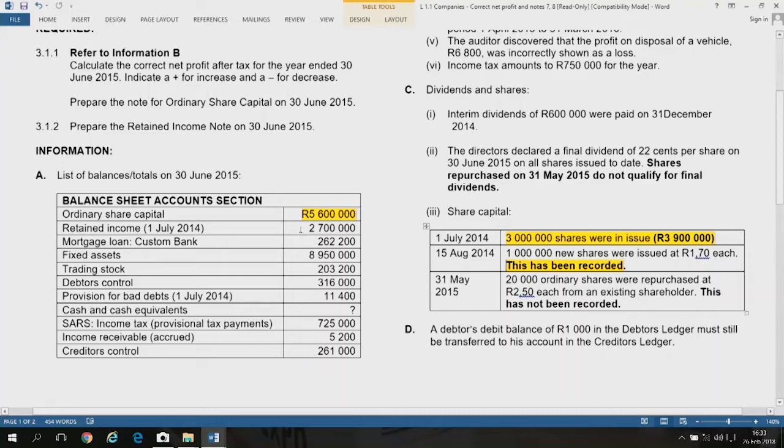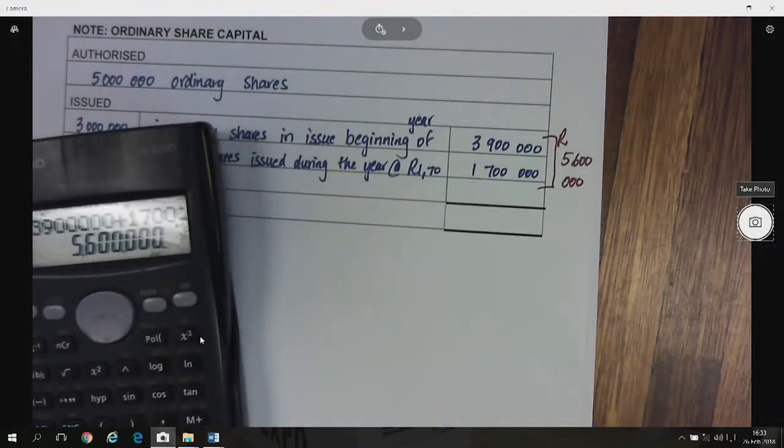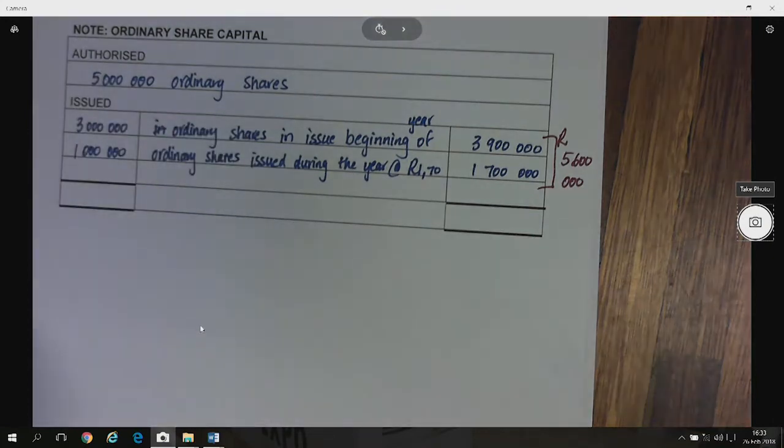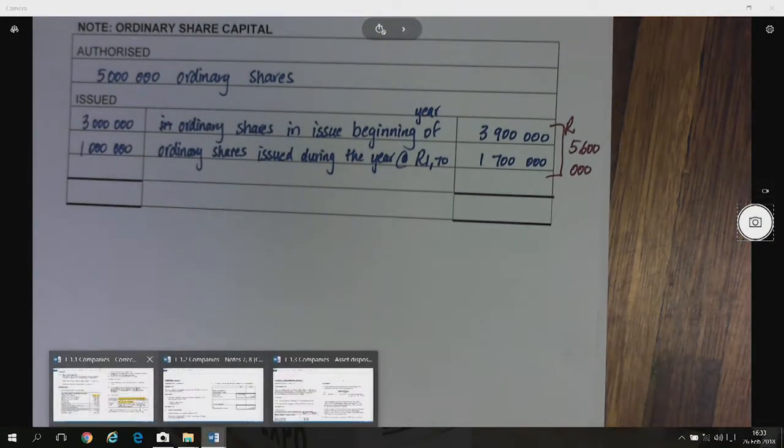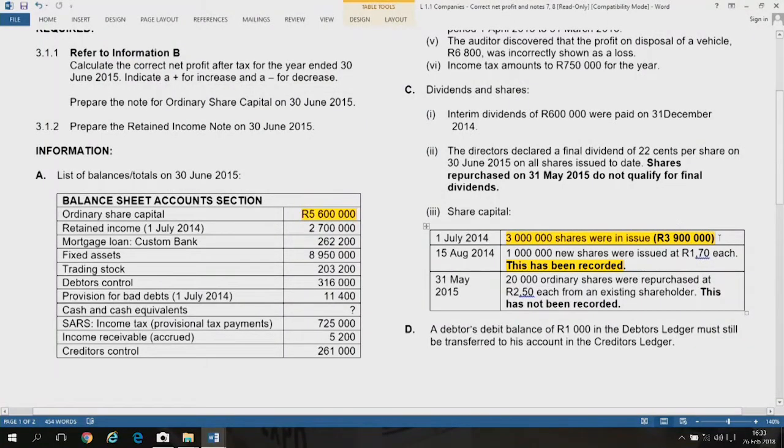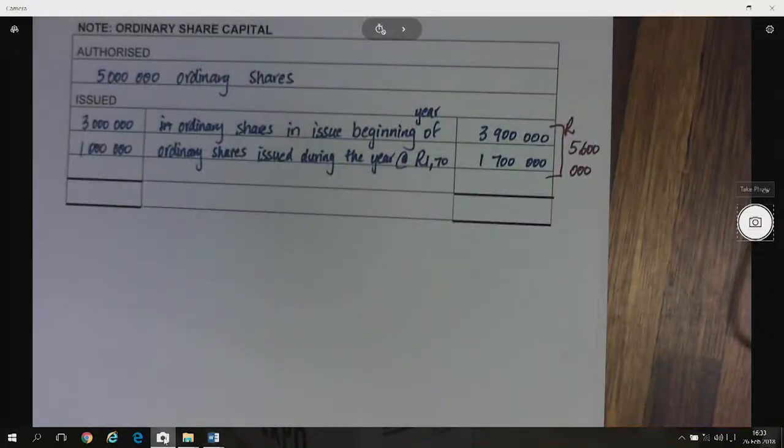Sorry for that. So what I want to show you is that it was not really necessary for them to give us that amount there. If they take that away and you see this has been recorded, you will still be able to do this. Please see that the two amounts together give you that 5,600,000 rand.